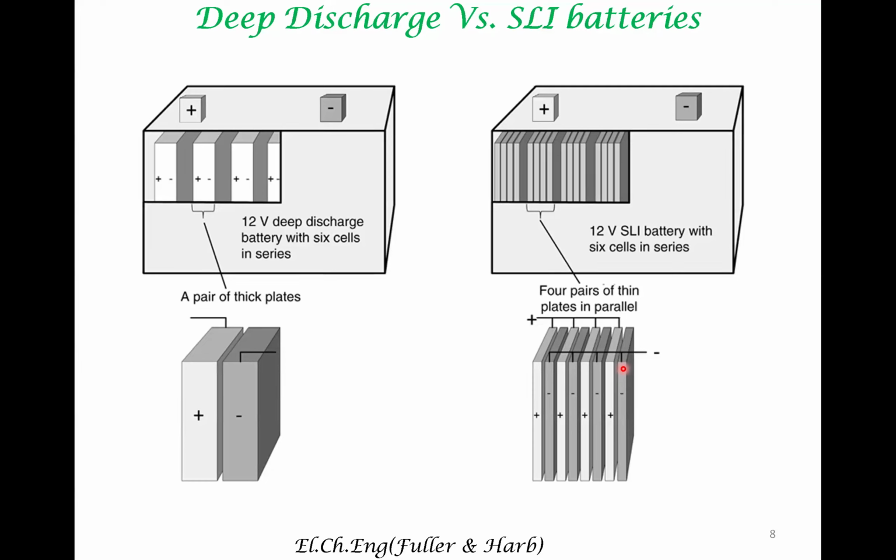Both these things contribute to lesser internal resistance of an SLI battery. So it is very important to understand the differences in cell construction. This aspect of manufacturing of the batteries has to be appreciated to meet the design specification of a battery.